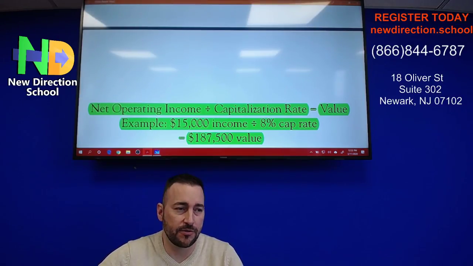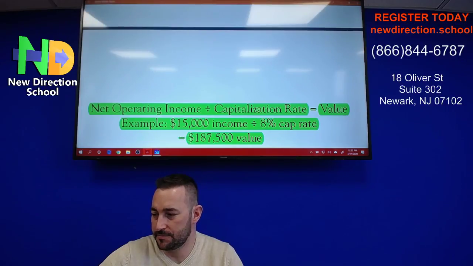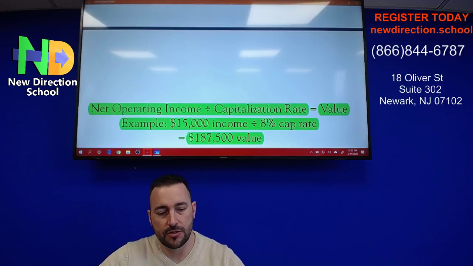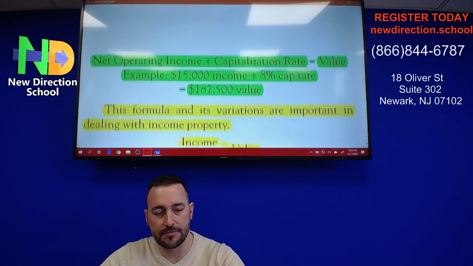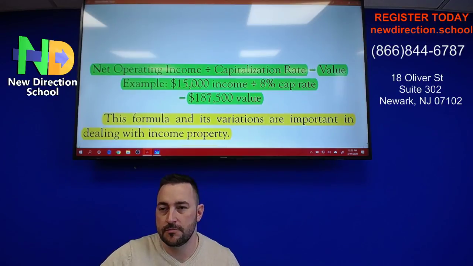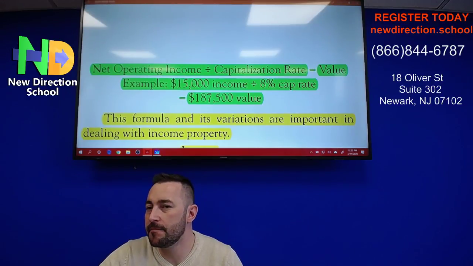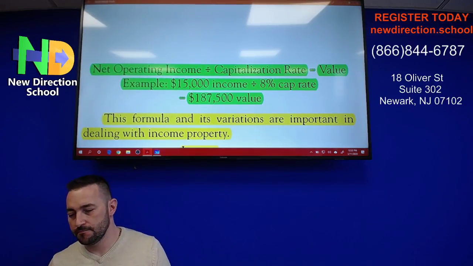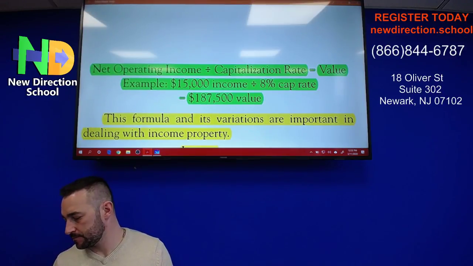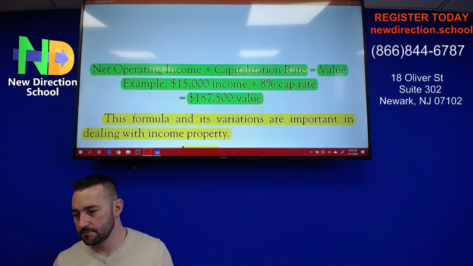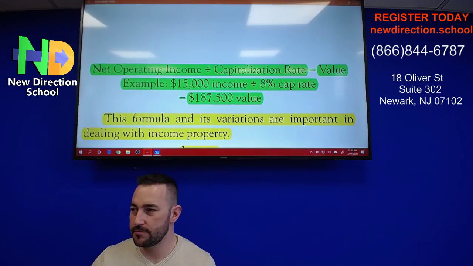Go ahead, calculators. $200,000 divided by 7%. How much is the property worth?